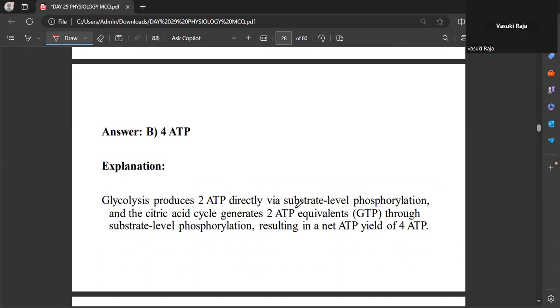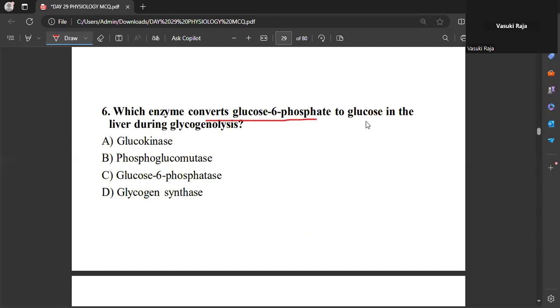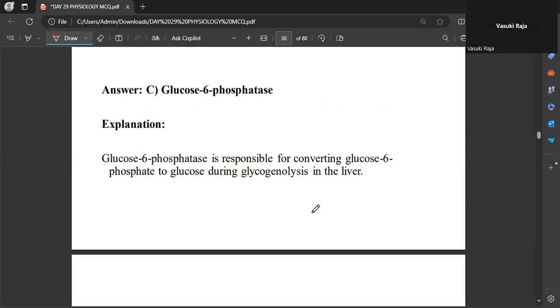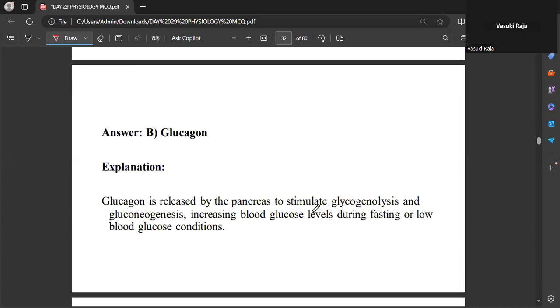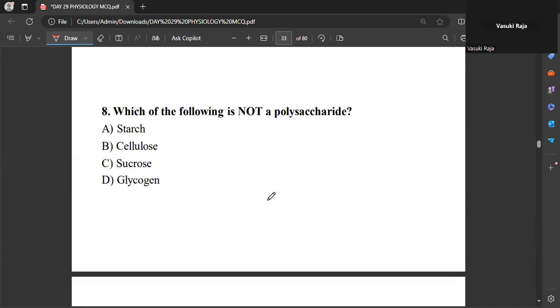Fine. Which enzyme converts glucose 6-phosphate to glucose in the liver during glycolysis? Here the glycogen is getting broken down. Okay, I didn't teach this, right? So just skip this question. Glycogenolysis. Okay, fine.